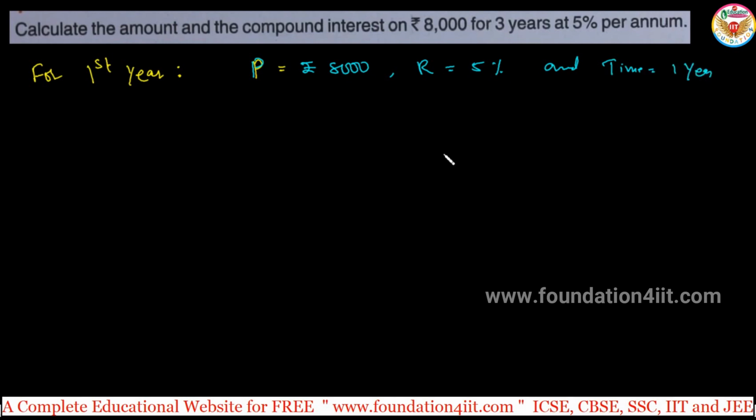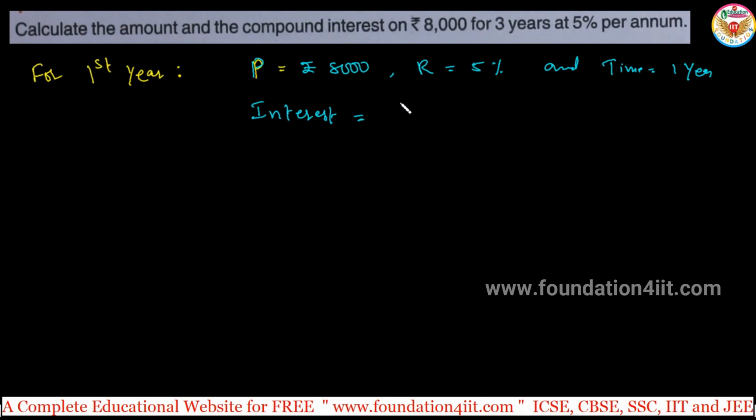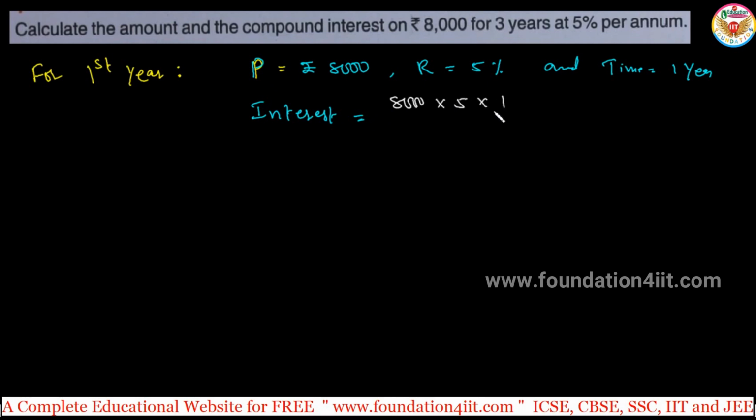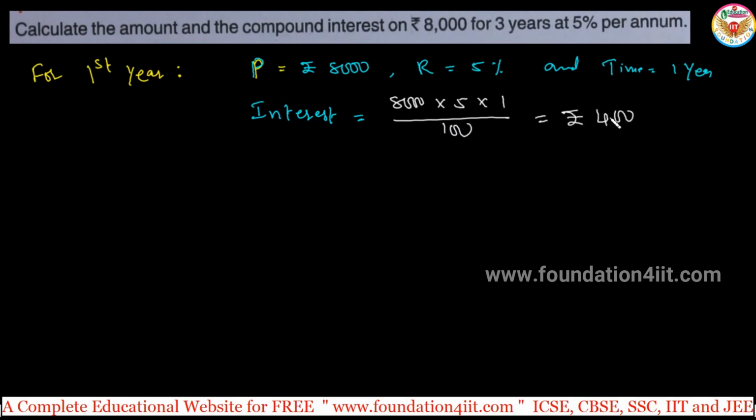So for the first year it's 1 year, every year one will take, right? In this case interest will be calculated first. Interest is equals to P into R into T by 100, right? The formula, that is 8,000 into rate of interest is 5, time for 1 year by 100. This if you calculate you get 400, right? So this is the interest at the end of the first year.